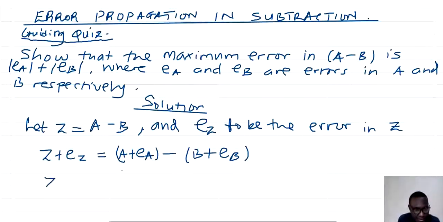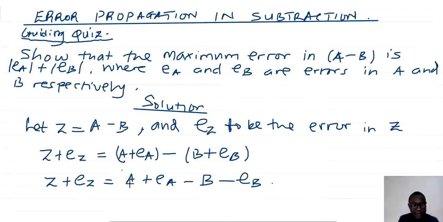I can open the brackets there. This is the same as Z plus its error equal to capital A plus error in A minus B minus the error in B. Now we are going to collect like terms, errors together, and then the real values also together.